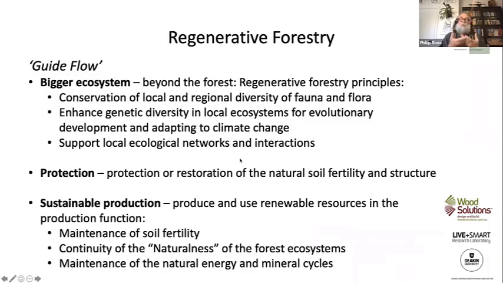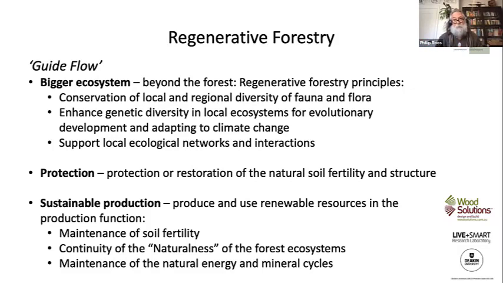through ecosystems. When we want to guide the flow of energy and regeneration, this is where regenerative forestry comes in. The key here is the context of the bigger ecosystem, where sustainable forestry can focus on only some aspects of an ecosystem.